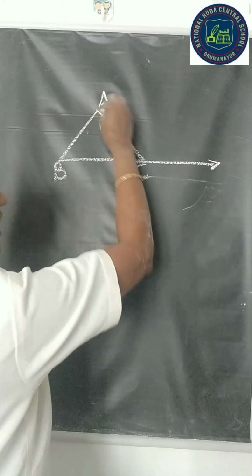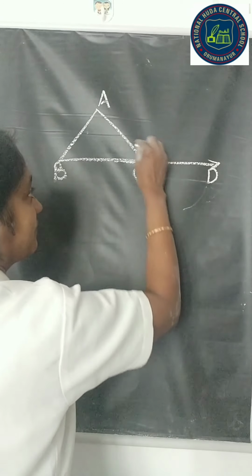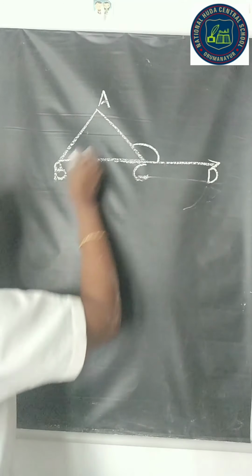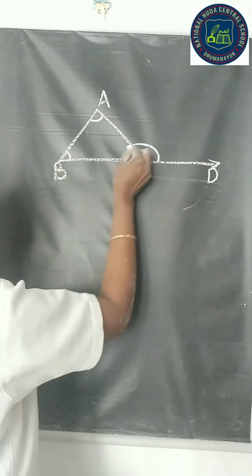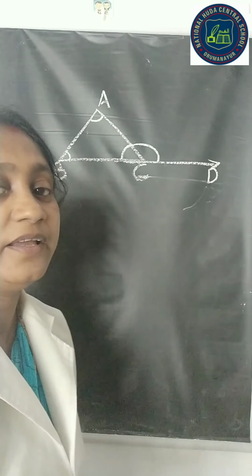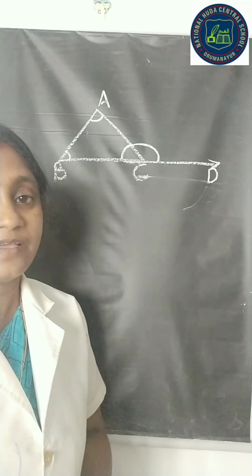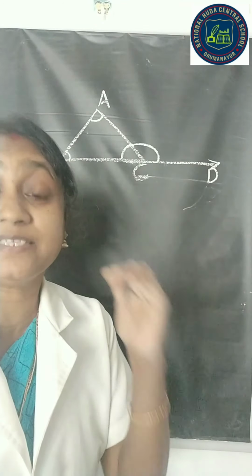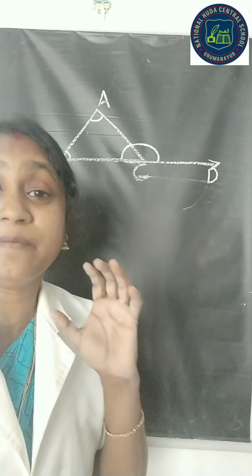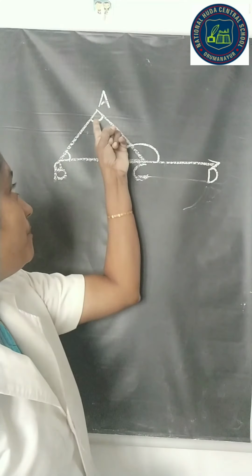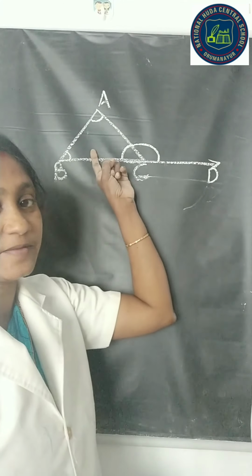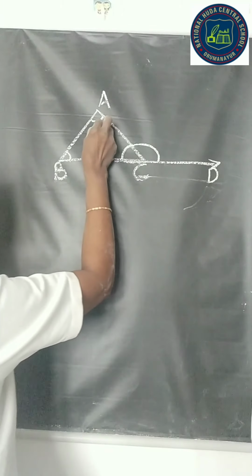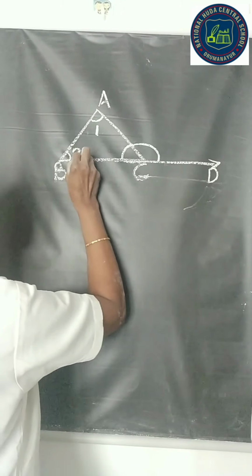Now ACD is the exterior angle. Angle A, angle B and angle C are interior angles. We know that the exterior angle is equal to the sum of the measures of its opposite interior angles. Let this be angle 1 and this be angle 2.